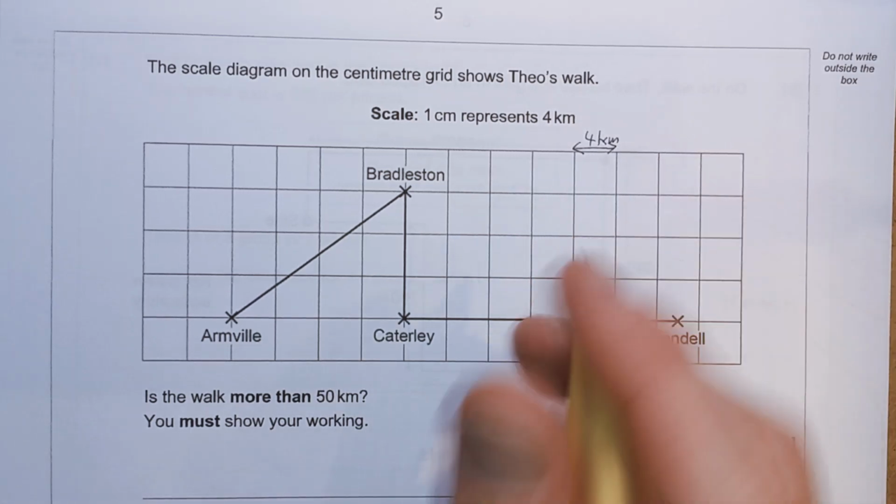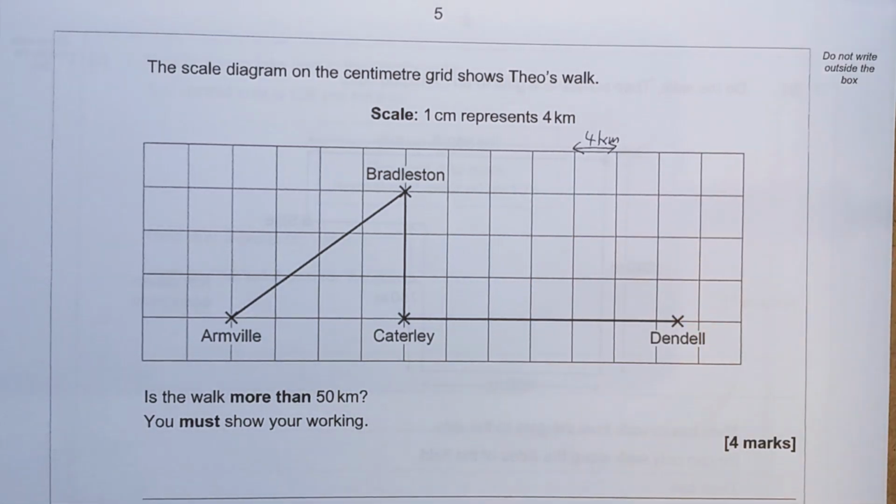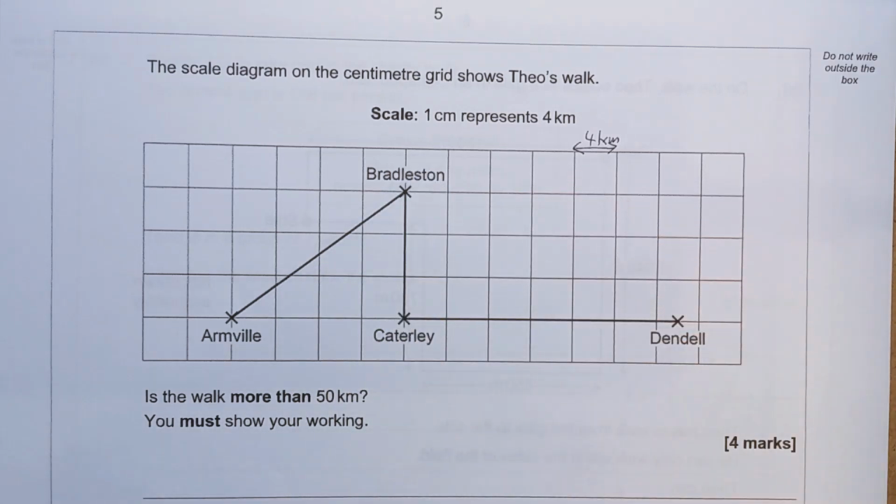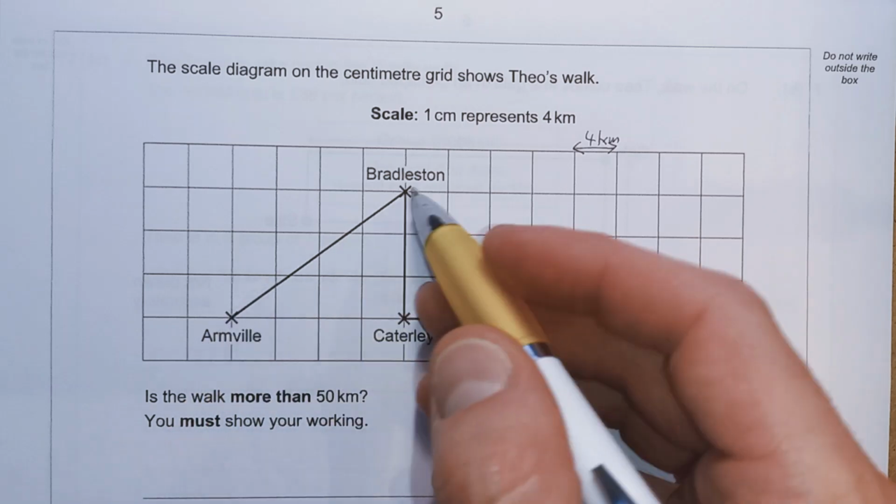is 4 kilometres there. Right, now, what you would do, well actually, let's split this up. We're going to need to do the 3 different distances separately and add them together. So we want this distance.